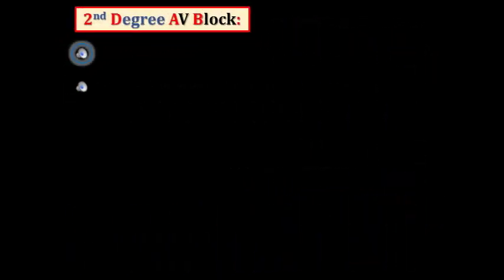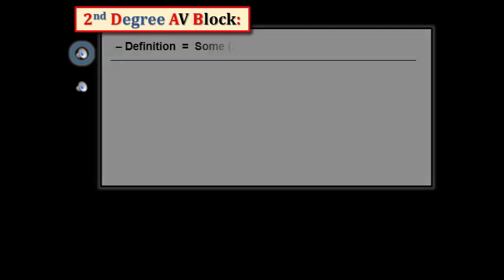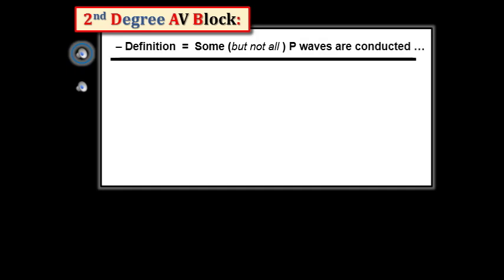This leaves us with the second-degree AV blocks, in which some but not all P waves are conducted to the ventricles. Remember, by the KISS method, if AV block is present, but the degree of block is not first degree and not third degree, then it's got to be one of the forms of second-degree AV block, of which there are three types.